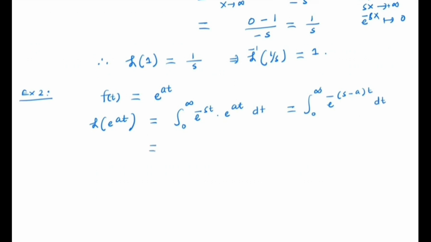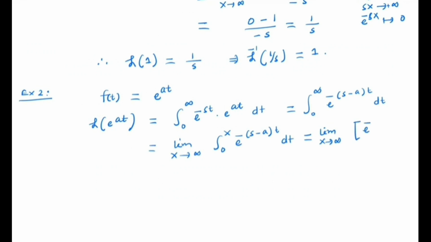Since this is an improper integral, we can write it as limit x tends to infinity of the integral from 0 to x of e power minus (s minus a)t dt, which is again limit x tends to infinity. So the integral will be e power minus (s minus a)t by minus (s minus a), evaluated at x and 0. So it is nothing but limit x tends to infinity of e power minus (s minus a)x minus 1.